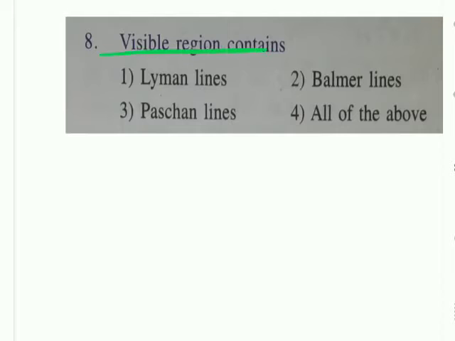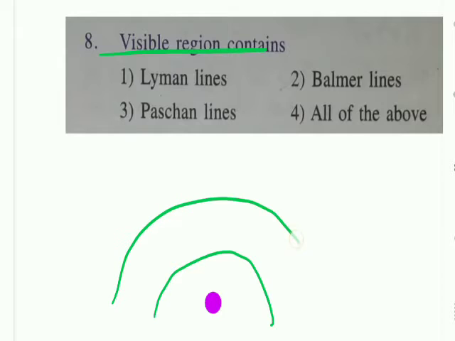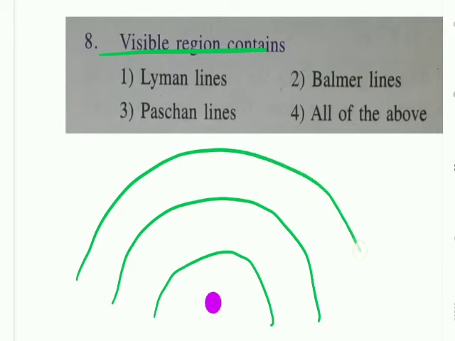The visible region contains, we discussed in the last question also. So it is the atom, this is the first orbit, second orbit, third orbit, and so on. When an electron jumps from a higher orbit to the first orbit, it is the Lyman series.